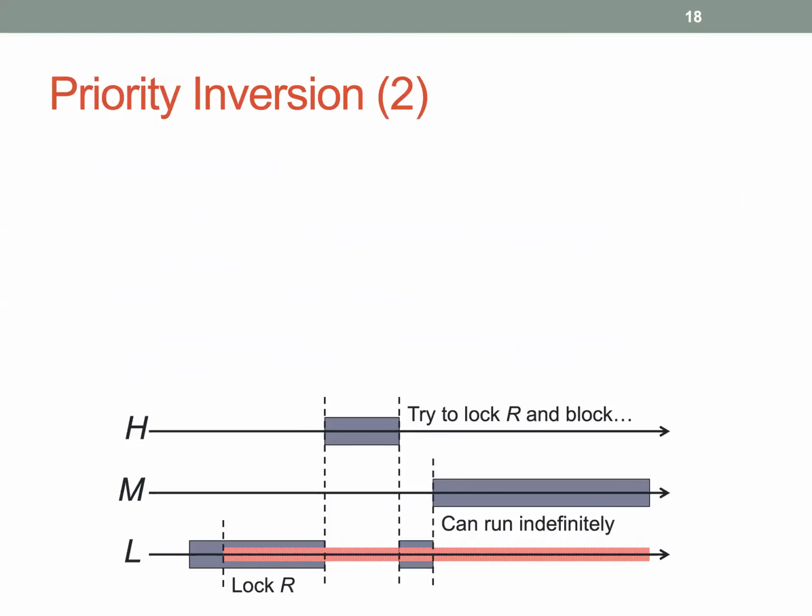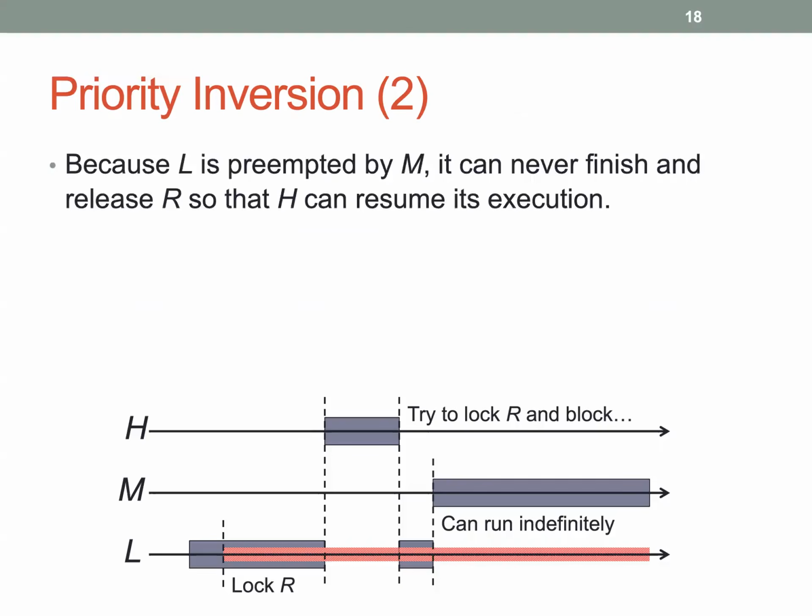And it turns out that you can construct this kind of picture with any number of processes. You don't need just 3. You could do it with 4, you could do it with 5, you could do it with 20, and it becomes a giant mess. And yeah, so as I say here, L is preempted by M, so it can never finish and release R so that H can resume execution.